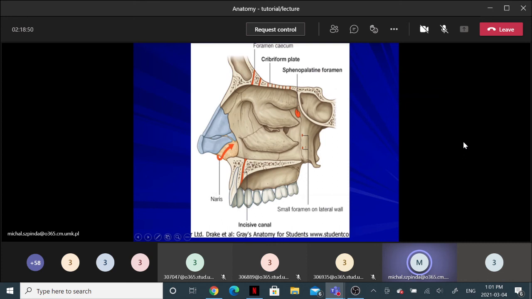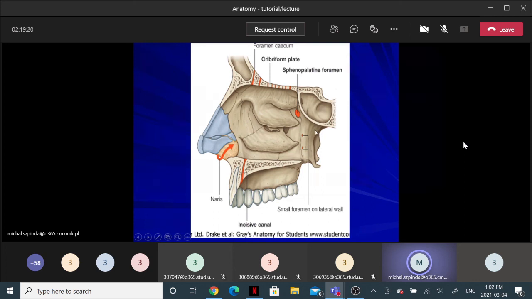Apart from this, just here, in the posterior part of the nasal cavity, we have two canals. More medial is the vomerovaginal canal, and more lateral, the palatovaginal canal. The palatovaginal canal is constant, which does not refer to the vomerovaginal canal.